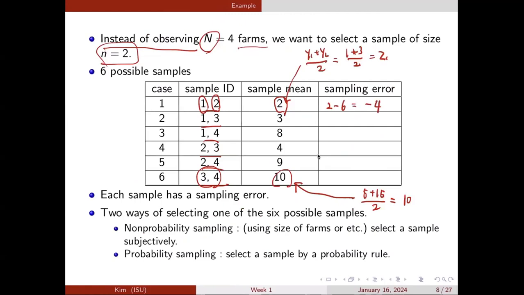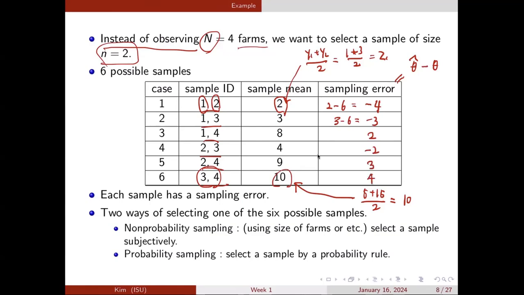So sampling error is nothing but the estimator minus the parameter, right? So that is the error. So 3 minus 6 equals minus 3. This is 2, minus 2, 3, 4. Okay.